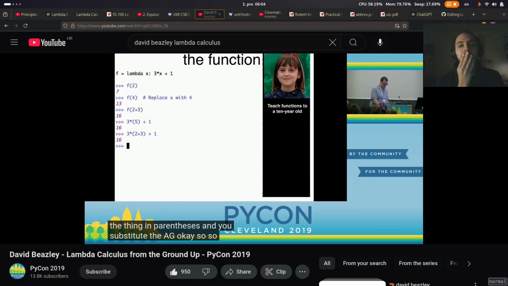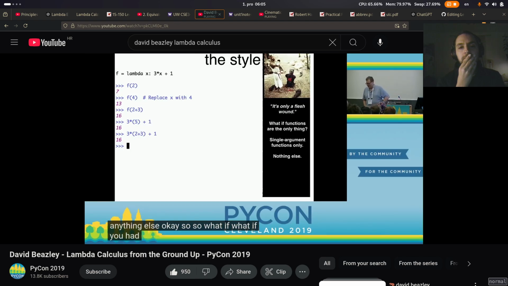Okay, so you have that. Now, the thing that we're going to start with is, what if you were teaching programming and you decided right at this point to stop, saying you don't need to know anything else? What if you had this thought experiment where you actually do not need anything other than substituting the x?